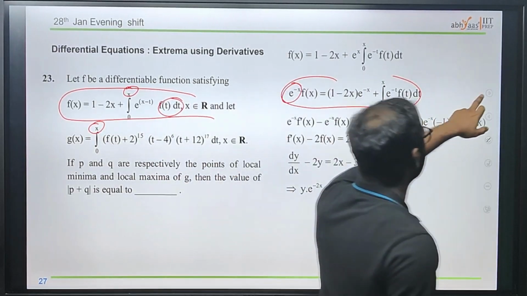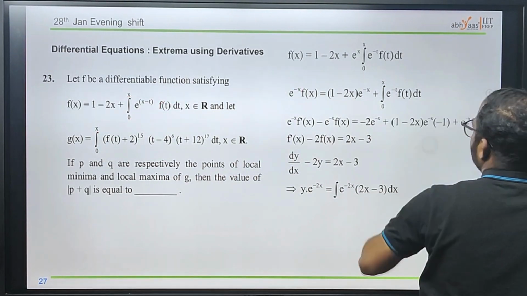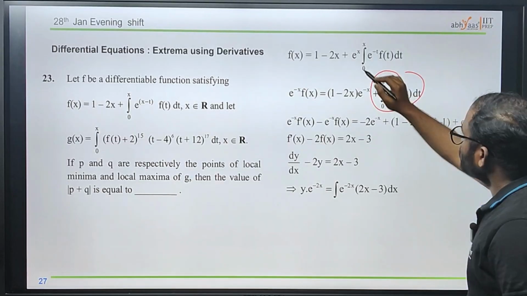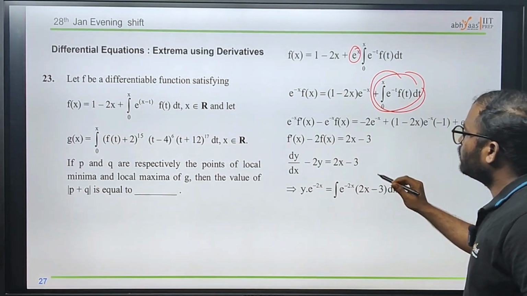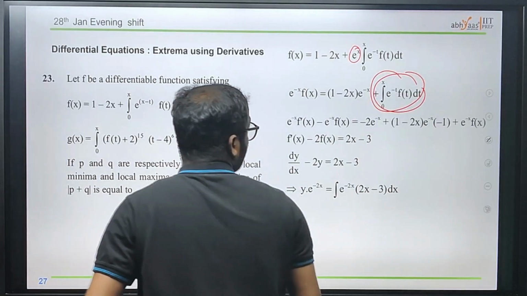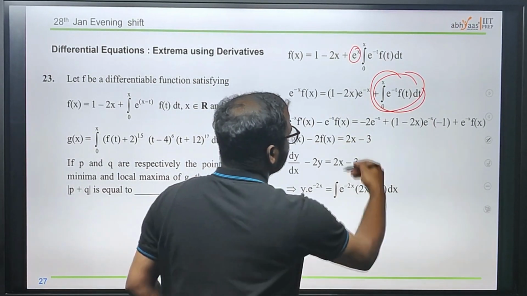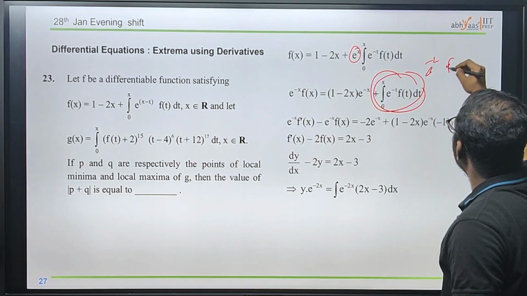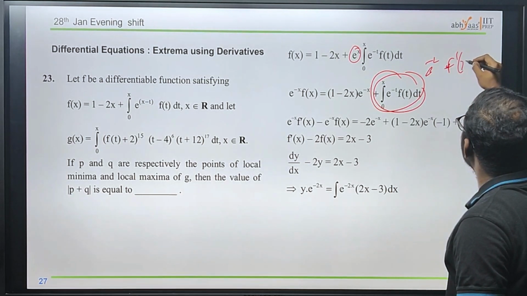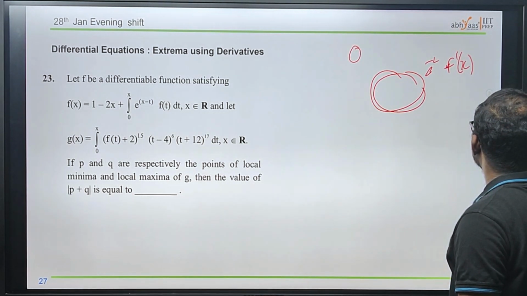This becomes 1. Now just differentiate on both sides. This will look like e power minus x and f dash of x. I hope you understood.